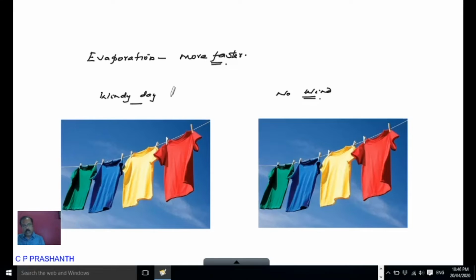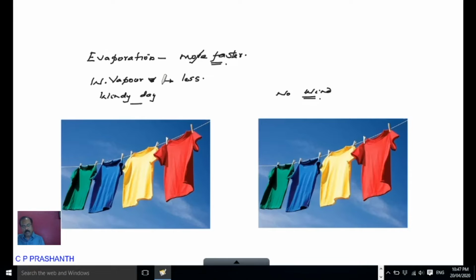Now how would you explain it? When there is wind, the water vapor which is there in the air is also moving along with the wind, which means water vapor is removed from the atmosphere.